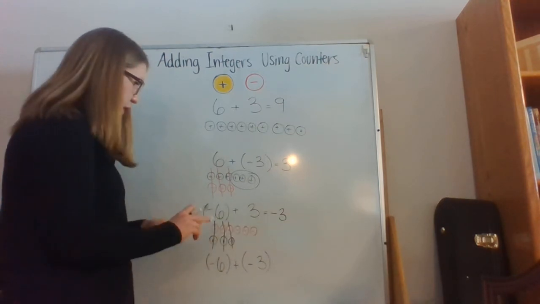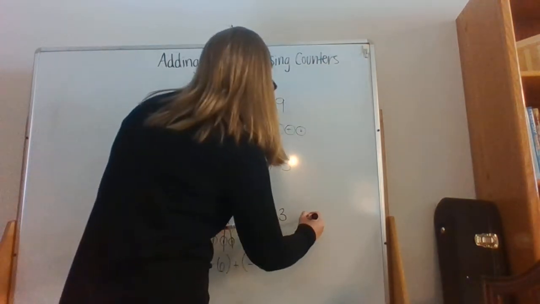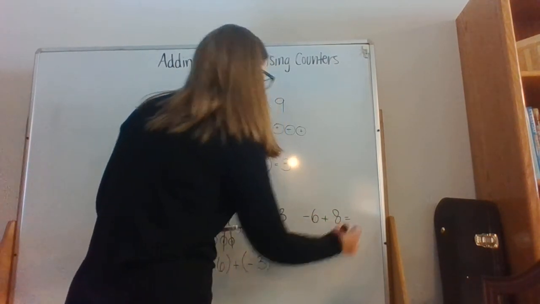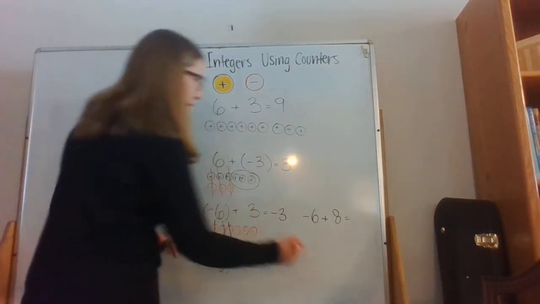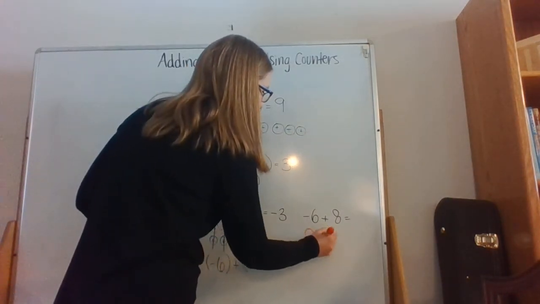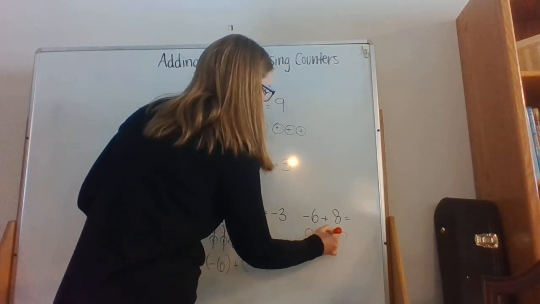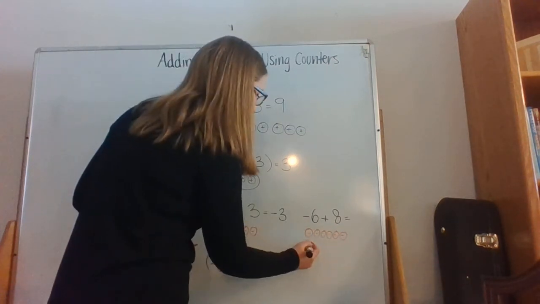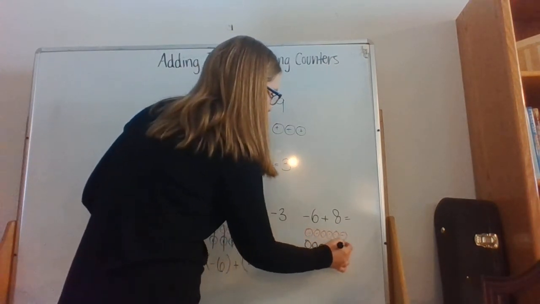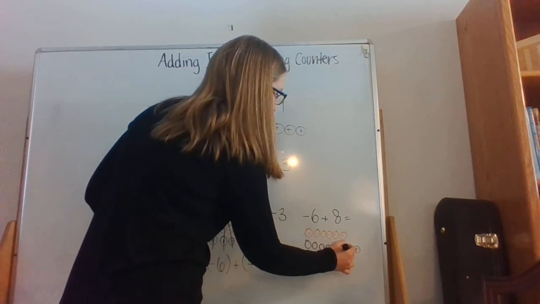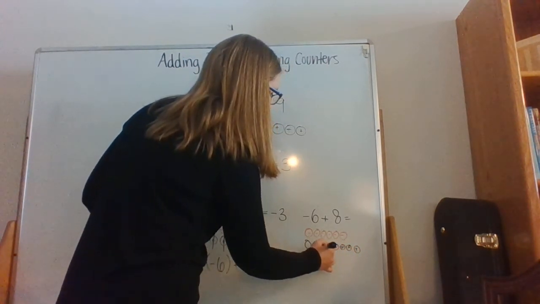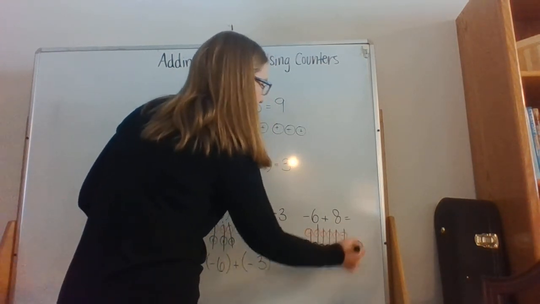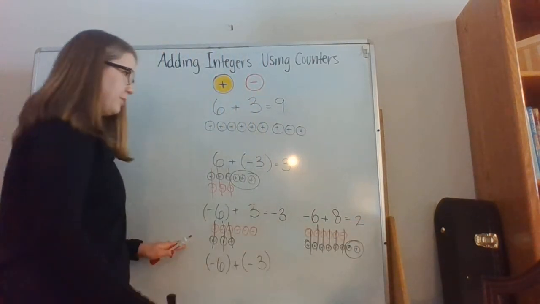So let me show you another example, kind of to show what I mean. If I had negative 6 plus positive 8, for example, I could have 6 negatives, and then if I had 8 positives, I am still canceling those 6 out, but now my leftovers are actually positive.